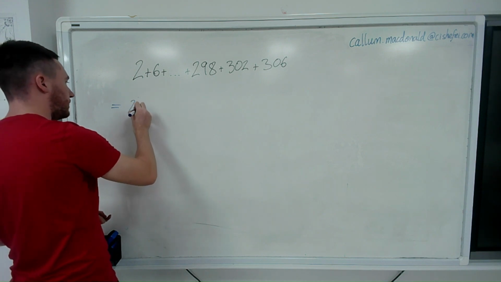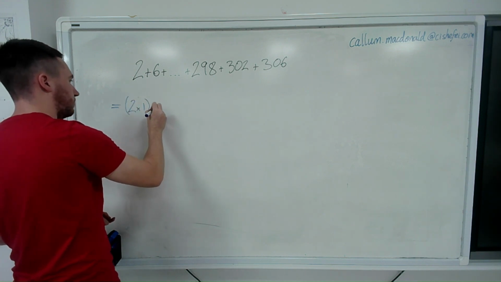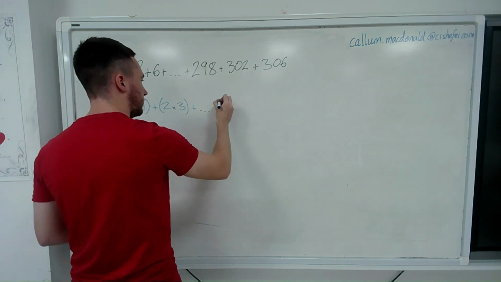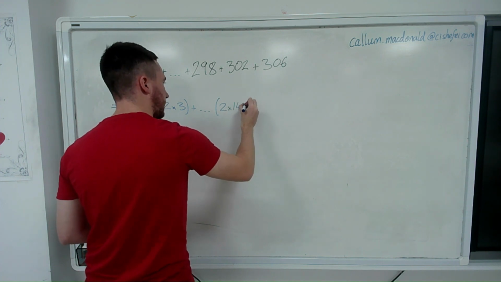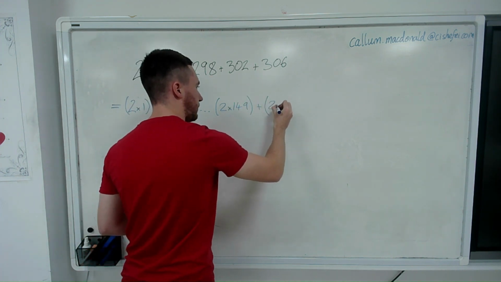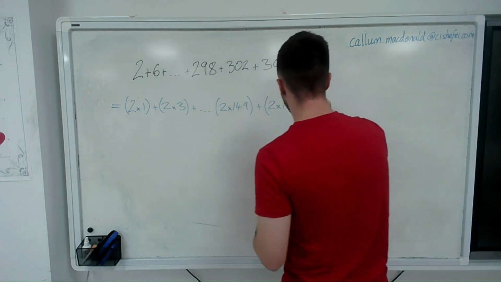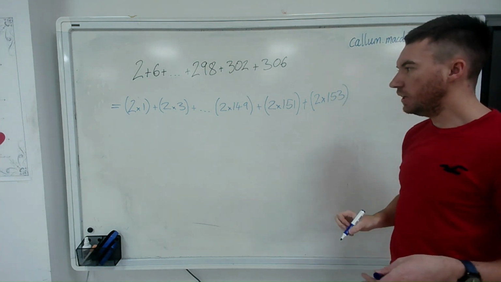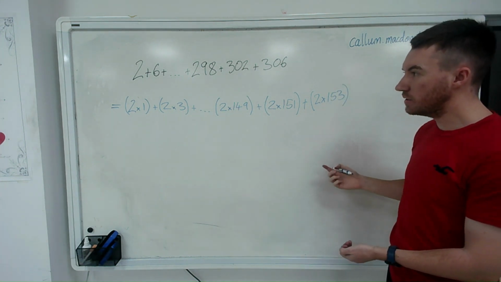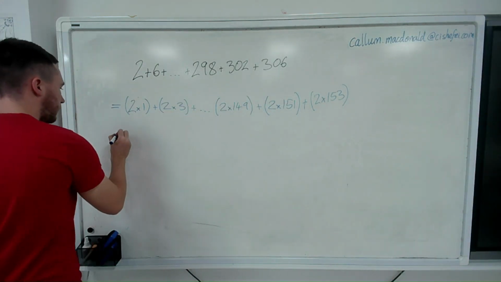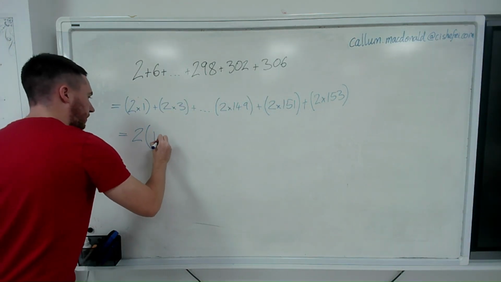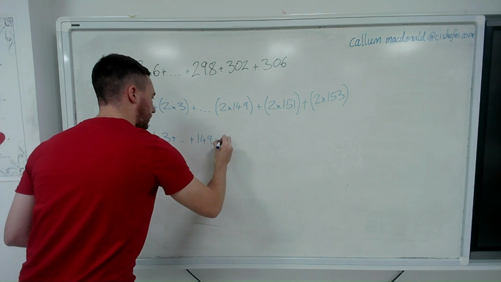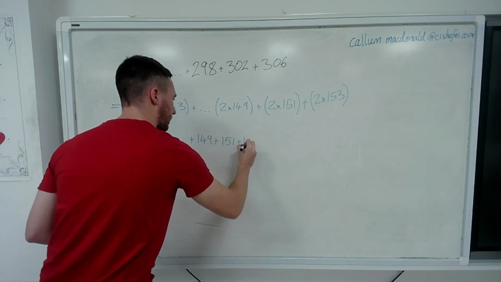Okay, so I have 2 times 1 plus 2 times 3 plus dot dot dot 2 times 149 plus 2 times 151 plus 2 times 153. Yeah, and we can see that the common factor of all of these is 2. Okay, so I can rewrite this again as 2 times 1 plus 3 plus dot dot dot plus 149 plus 151 plus 153.